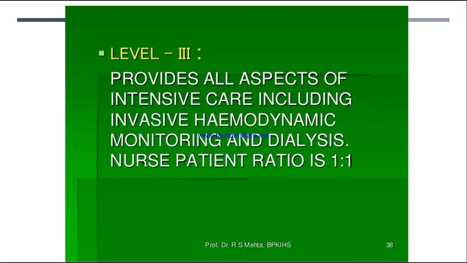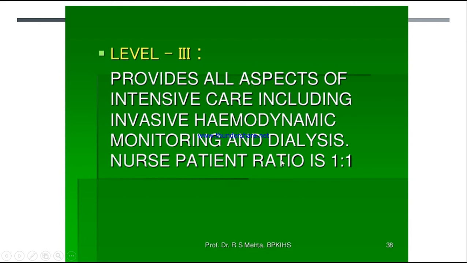Now coming to level 3, it provides all aspects of intensive care including invasive hemodynamic monitoring. Continuous cardiac monitoring is required. The patient is on a continuous ventilator, requires intensive care, sterility to be maintained, and may also require dialysis.